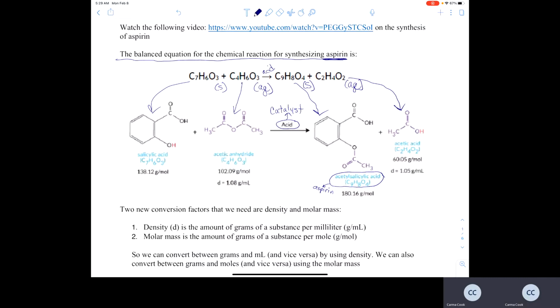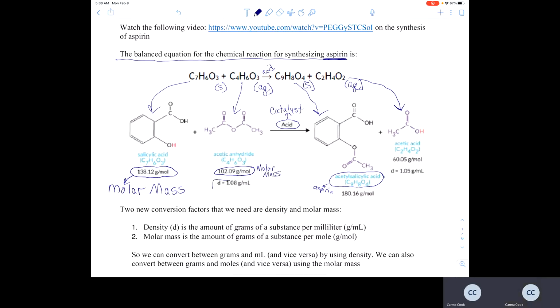And now you also see the molecular structures for each reactant and each product drawn. And you also have some numbers down here. 138.12 grams per mole is the molar mass, which is the total mass for that compound, salicylic acid. The other reactant, acetic anhydride, has a molar mass of 102.09 grams per mole.